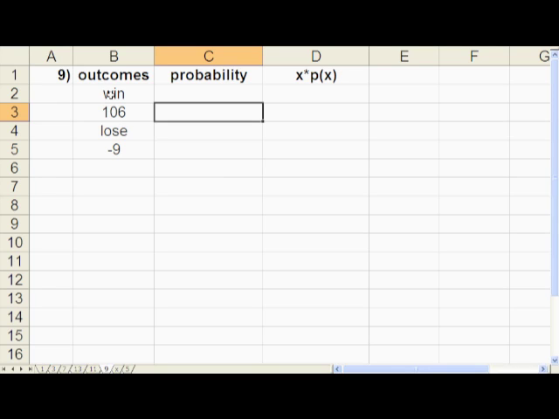The probability of winning this game is 1 over 29, while the probability of losing this game is the complement, or 28 over 29.